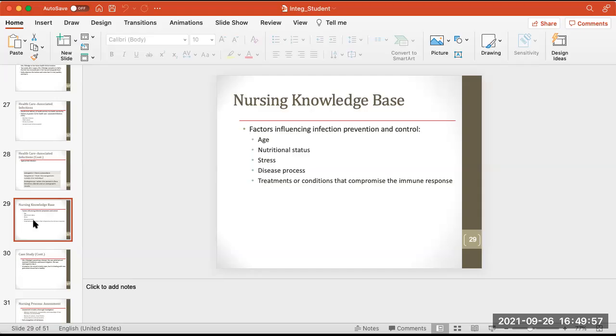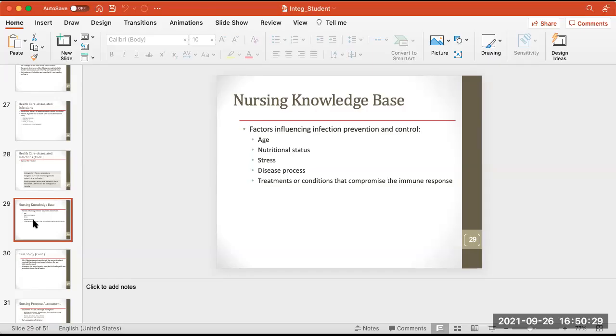And what we also need to keep in mind is all these factors matter: age, nutritional status, and stress. And that stress, right now we are not talking about mental stress, but more physical stress, meaning, do they have other disease processes, does the patient have burns, does the patient have ulcers, so what other disease processes are going on with that patient?